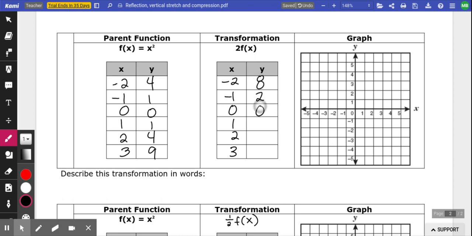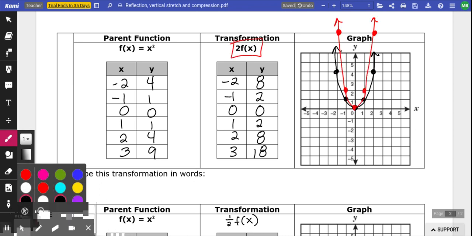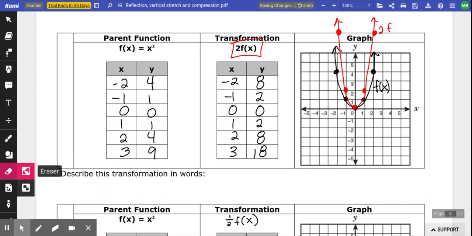When x is 0, y is 0, etc. Once again, I'm going to graph both relationships. So here we have the parent function, and then we have our transformed function, 2 times the parent function.